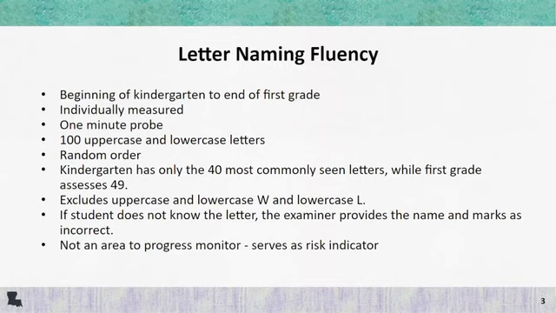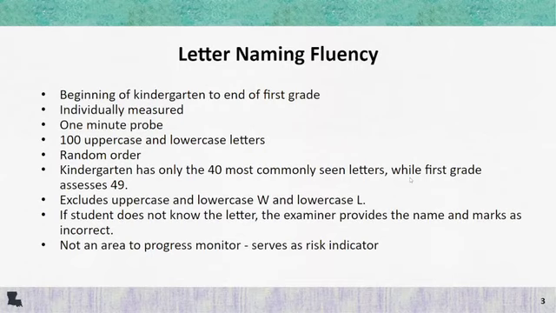Kindergarten students will be exposed to the 40 most commonly seen letters, while 1st grade students are assessed by 49 letters. These exclude uppercase and lowercase w and lowercase l.